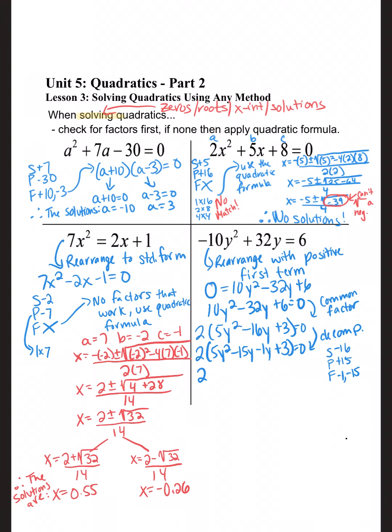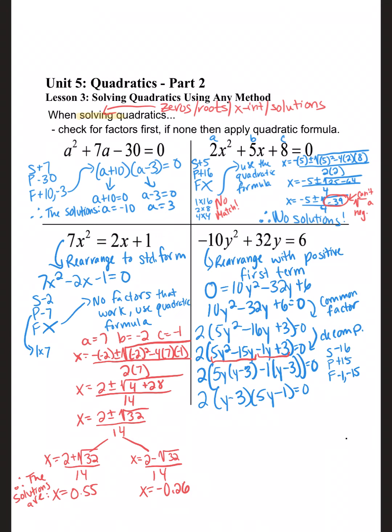And then going back to our rules for decomposition, we will common factor out of our first two terms and common factor out of our last two terms. So from 5y squared minus 15y, I can common factor a 5y, and I'm left with y minus 3. And my last two terms, I can common factor out a 1, which again leaves me with y minus 3. And then if I pull out my common bracket of y minus 3, I'm left with 5y minus 1.